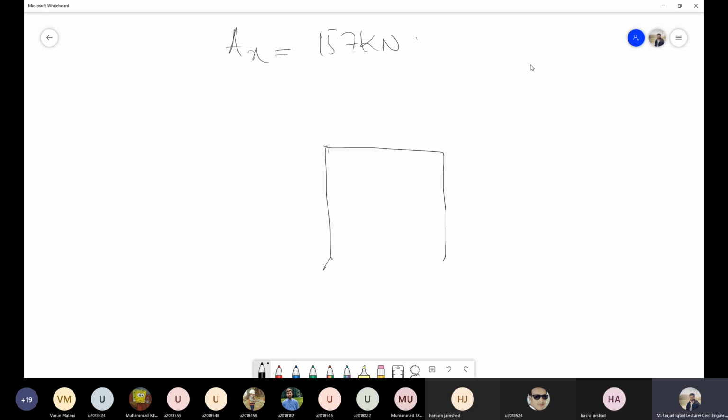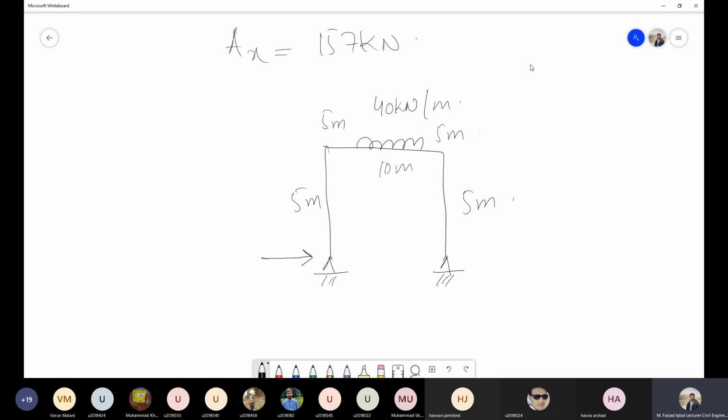So now if I write this in our original structure, we had a hinge support at this end, a hinge support at this end, 40 kilonewton load at this end, 10 meters, that is 5 meters, 5 meters. This is also 5 meters and 5 meters. Now we have this direction.